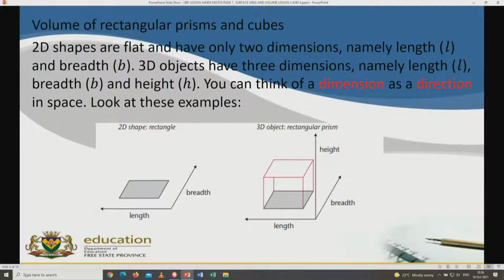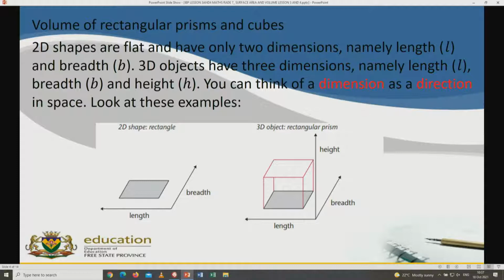Now, let's have a look at the first example. The volume of rectangular prisms and cubes will be our focus, as I said. There is a relationship between the two shapes and the 3D objects. Remember, in terms of the dimensions, the flat surfaces, the 2D shapes, if we're talking about a rectangle, has a length and a breadth.